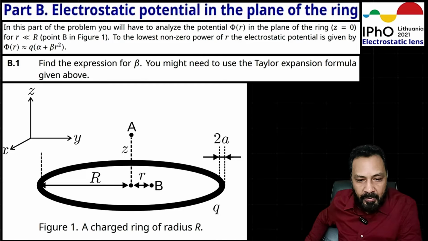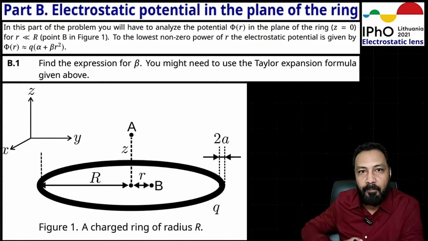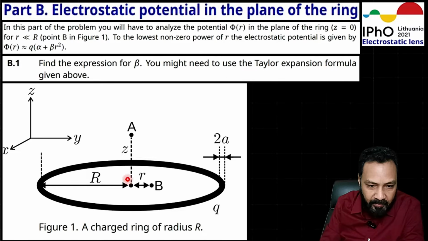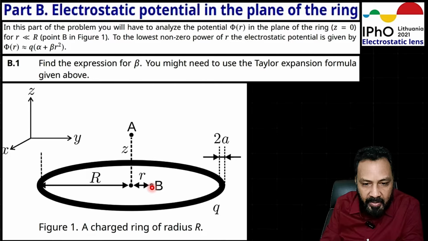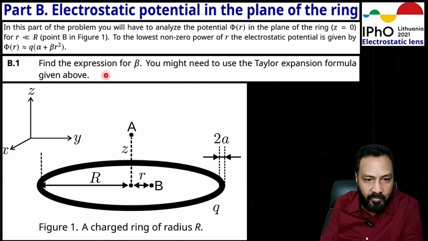And now this is part B. In this part B, we have to find the potential in the plane of the ring. So this is the plane of the ring, and this point B is a point in the plane of the ring, and here we have to find the potential.